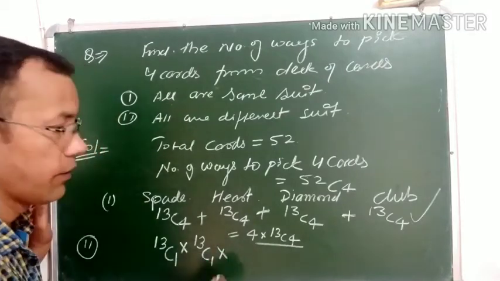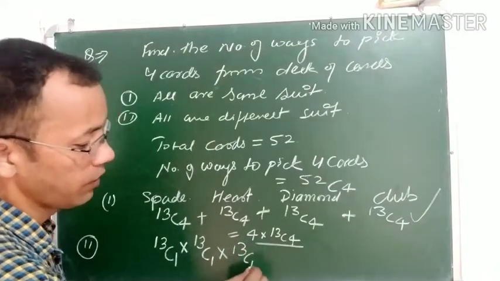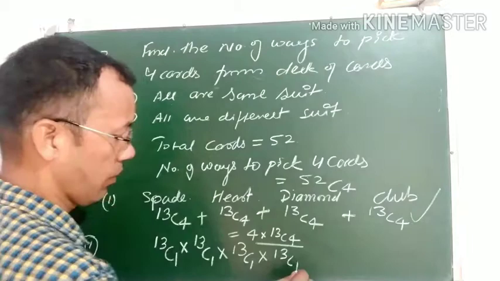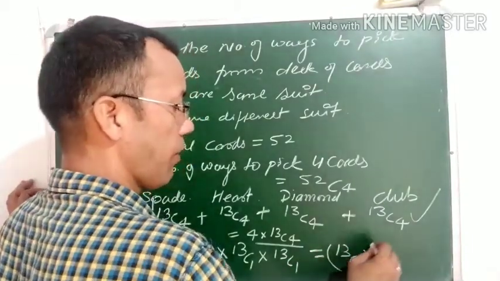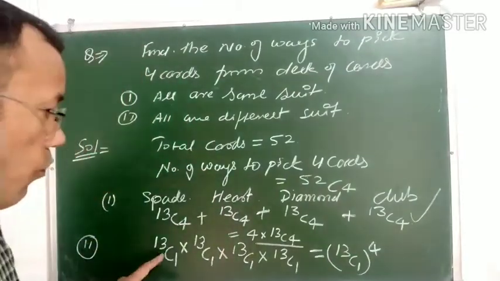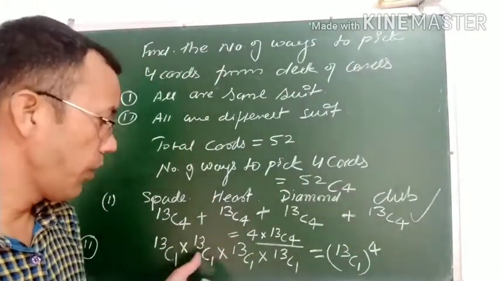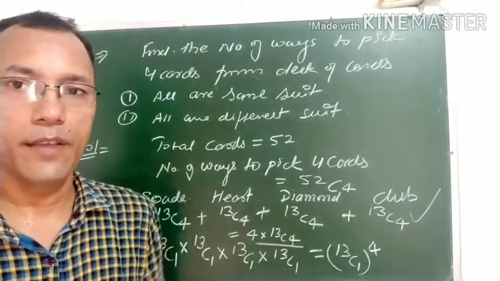Out of 13 diamonds we need 1, and out of 13 clubs we need 1. So this is equal to 13C1 to the power 4. That is the solution.